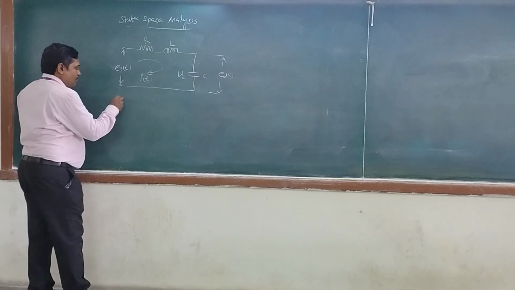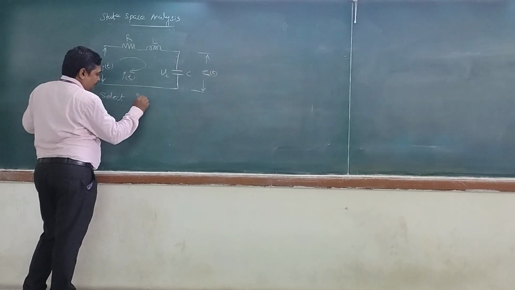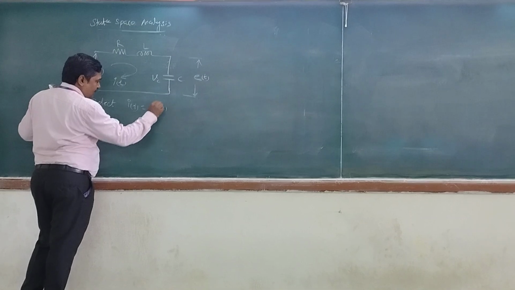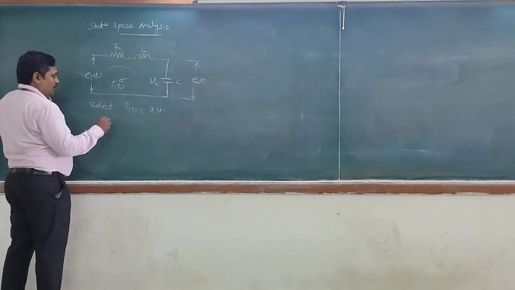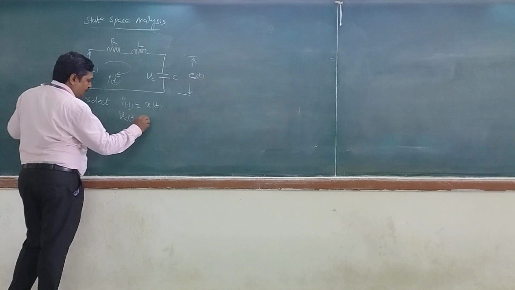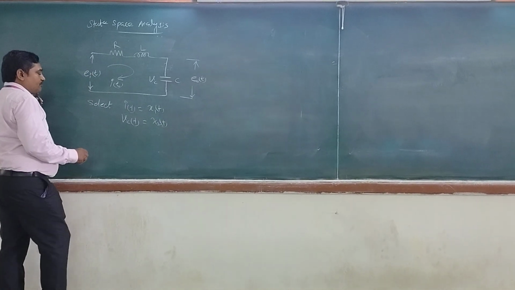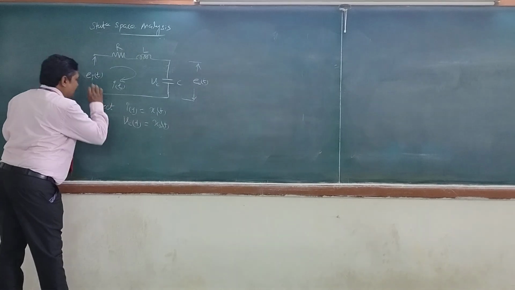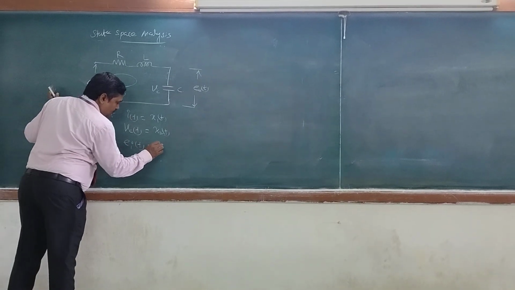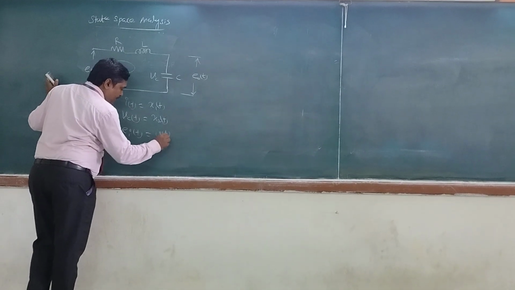So now choose the current through the inductor, i of t, as one state variable, x1 of t. Then the voltage across the capacitor is taken as another state variable, x2. Apart from this, the input voltage e_i of t corresponds to u of t.